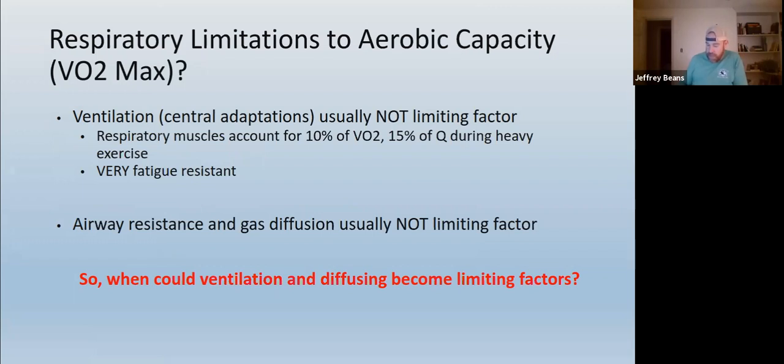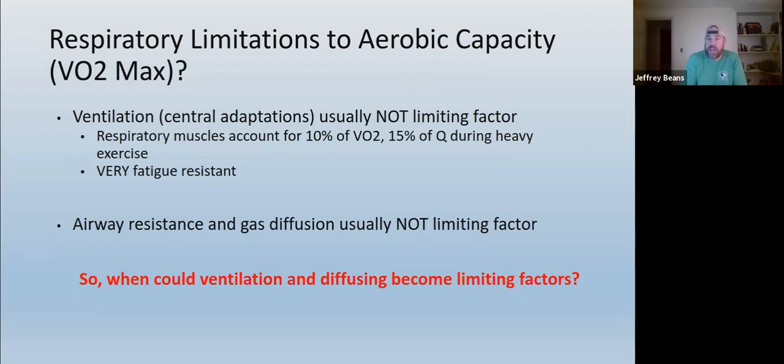So if you're talking about a VO2 of 30, then 3 milliliters of oxygen per minute, and then 15% during heavy exercise, because they're so fatigue resistant. The diaphragm will go on and on and on forever. I did marching band in high school. There's a lot you can do when you're relatively fit and your diaphragm is doing what it's supposed to. So airway resistance and gas diffusion are usually not a limiting factor, though it can be in certain populations.